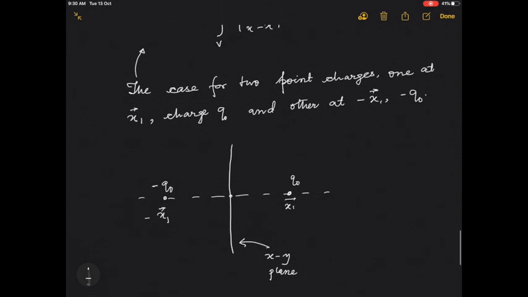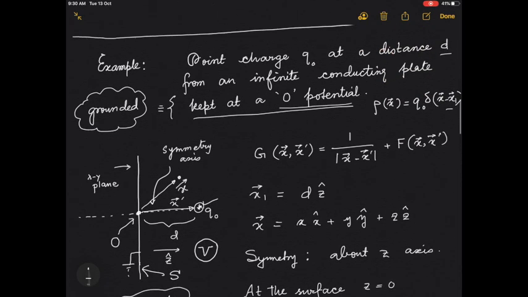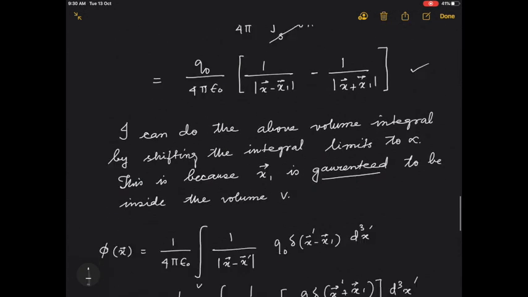Two charges. And the potential for these two charges is the potential that you got for the case where I had this grounded infinite conducting plane and one charge here.